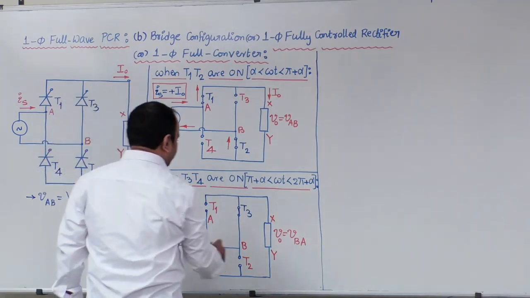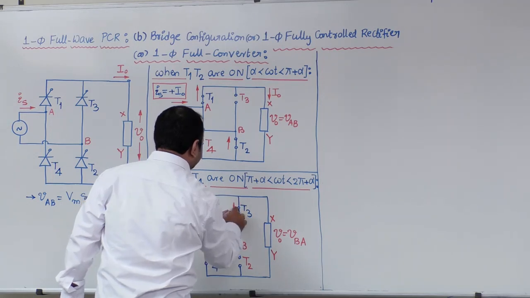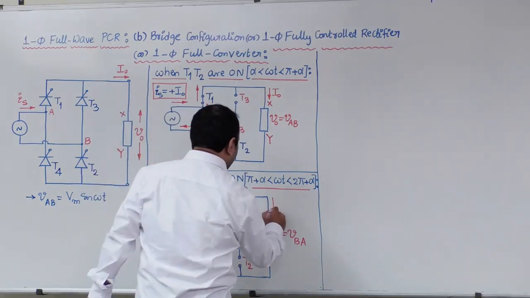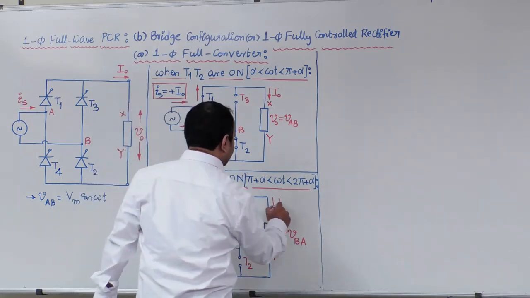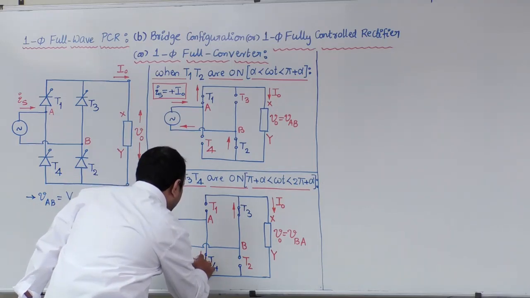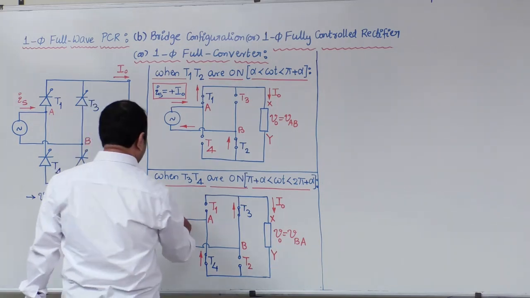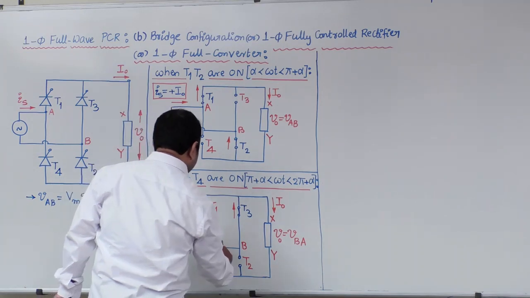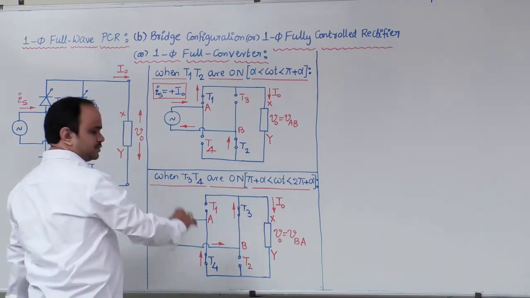Now, in a similar way, if you give the direction for T3 anode to cathode like this, on the load side X to Y like this, this is I naught. T4 like this, anode to cathode. Now coming to the source side, finally this is the direction of currents in this complete circuit.